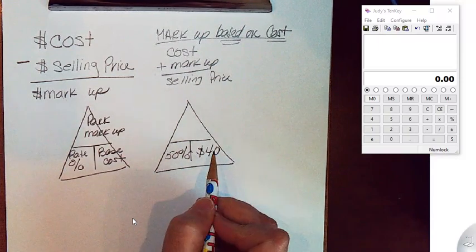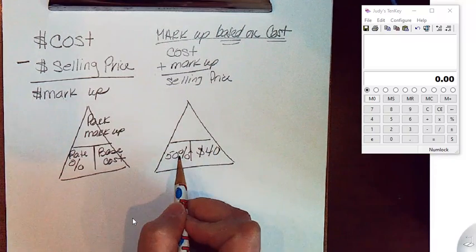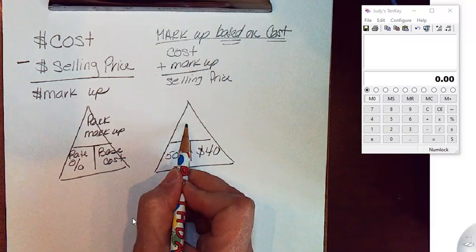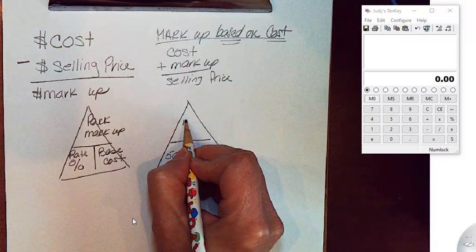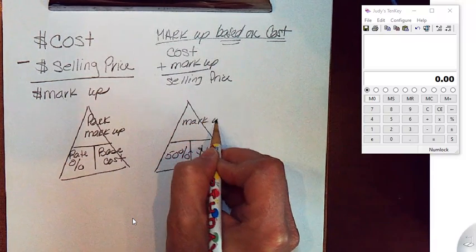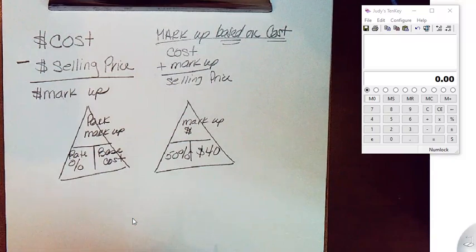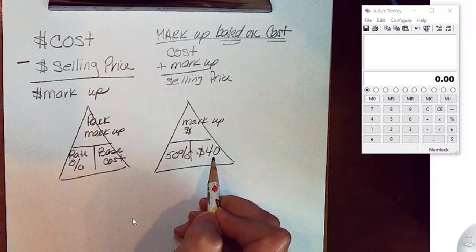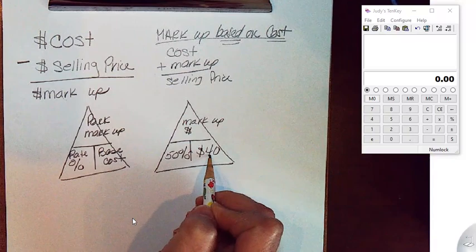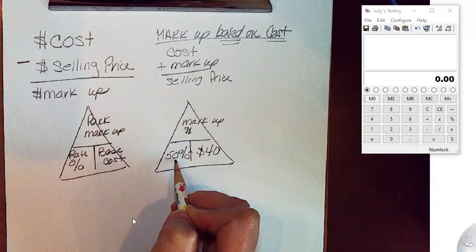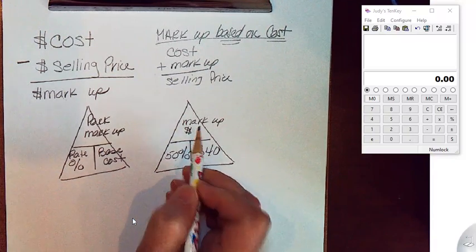So my cost times my markup rate will give me my markup dollar amount. Okay. Cost times markup rate gives me markup dollar amount.